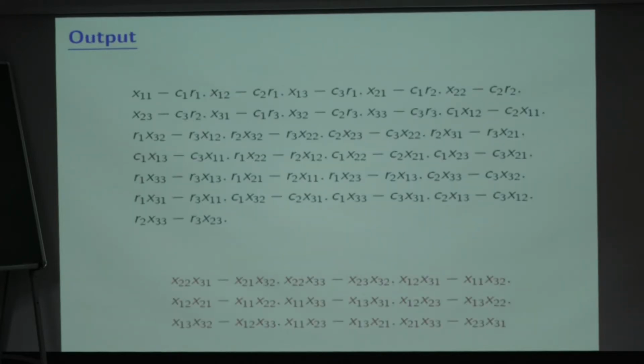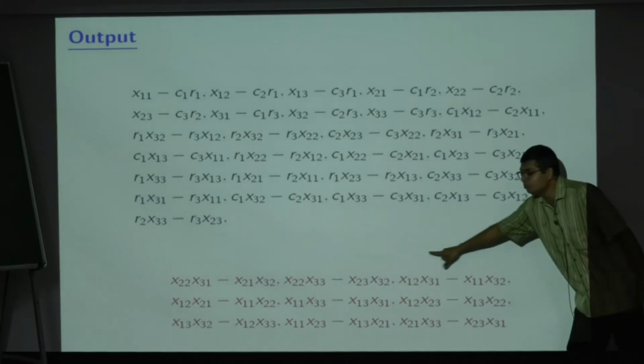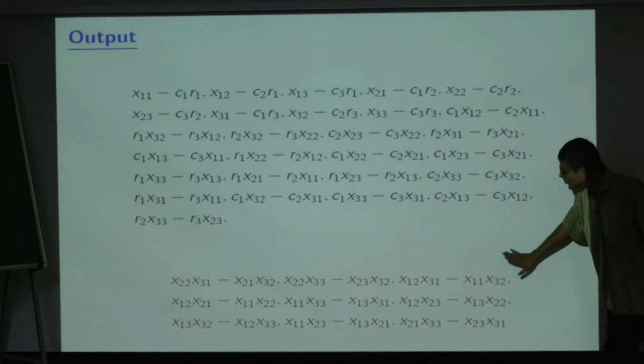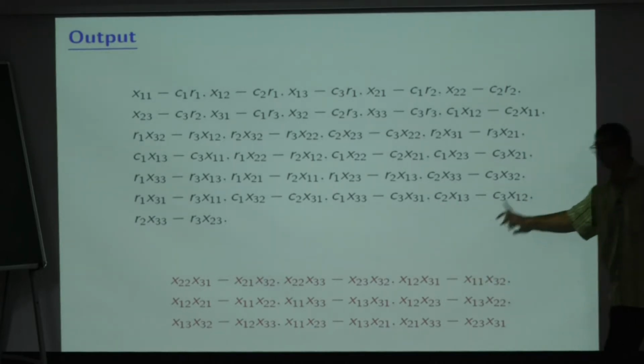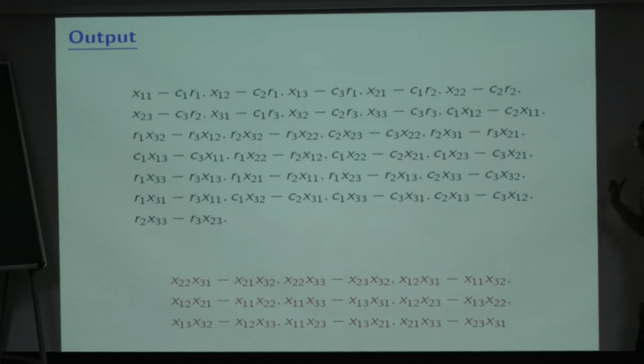So I said that I want to get a Markov basis, right? A Markov basis consists of various tables such that the row sums and column sums are all 0. Here I have ended with certain polynomials. I have to convert these polynomials into such tables. And the way I am doing it is this.